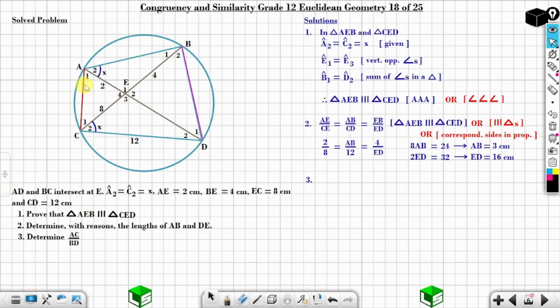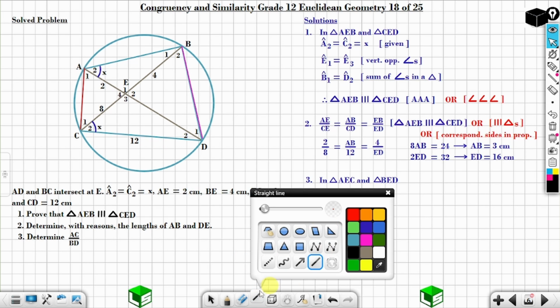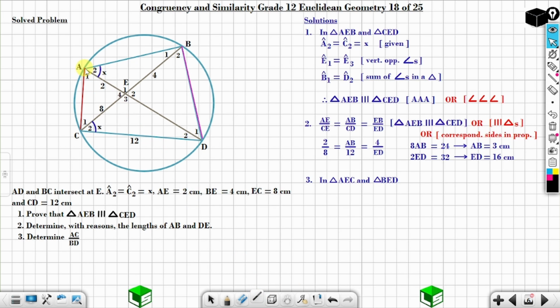Since we have AC in this triangle and BD in this triangle, we are going to use these two triangles.